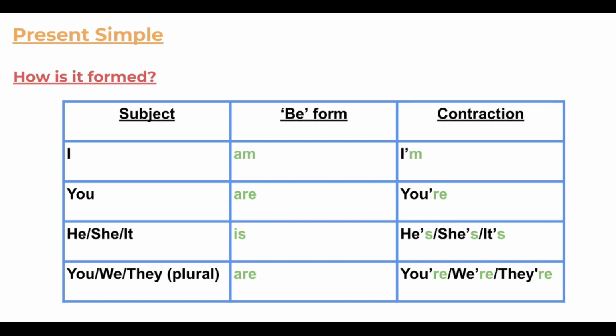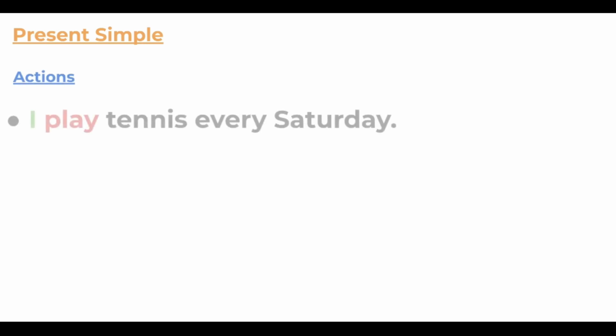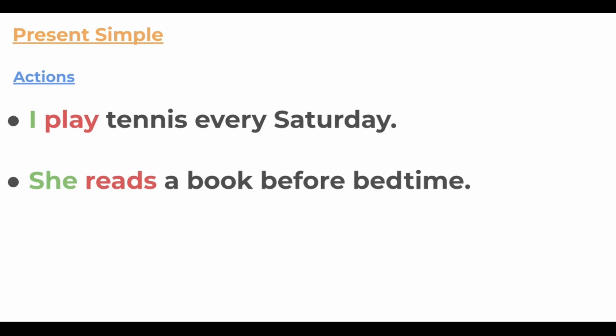Okay, so hopefully you're comfortable with the verb to be. Maybe you've seen a chart like this before. So let's think about actions, present simple. You could say, I play tennis every Saturday. I being the subject and play being the base form of the verb. Now we move to she. She reads a book before bedtime.